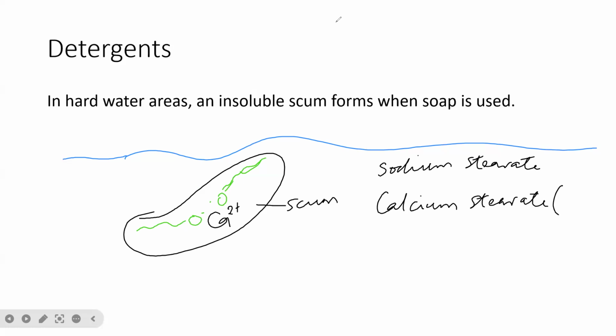That calcium stearate is what we call scum. This sodium stearate is what we know as soap, is a type of soap. I don't know if this makes sense. And once this scum is formed, the scum itself feels greasy. It will just float on the surface like some grayish, greasy matter on top of the surface.